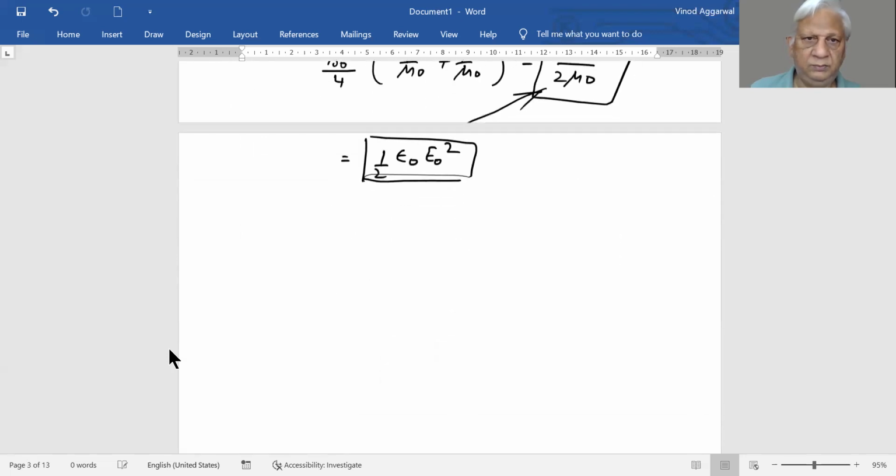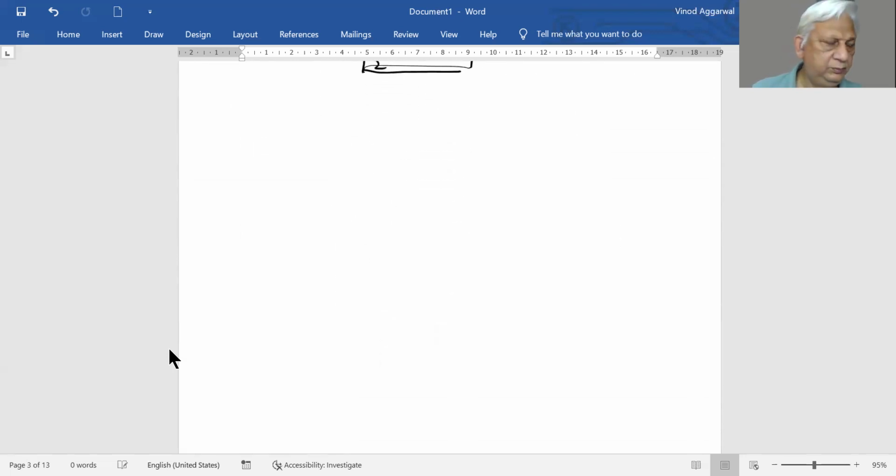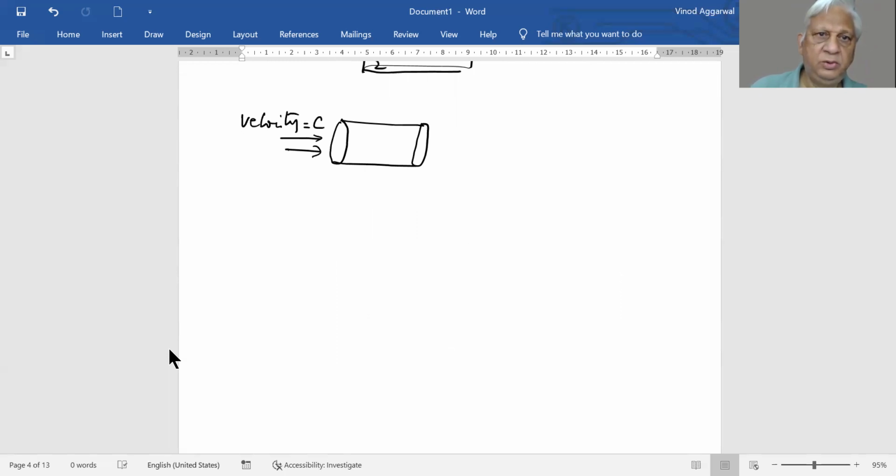Now what we do is consider a cylinder. The electromagnetic waves enter here and travel with velocity c. So in time delta t, how much will it travel?